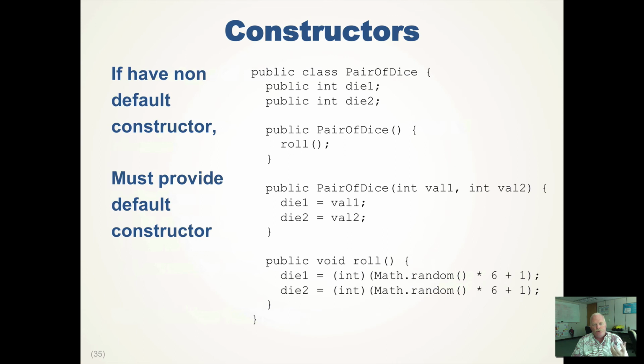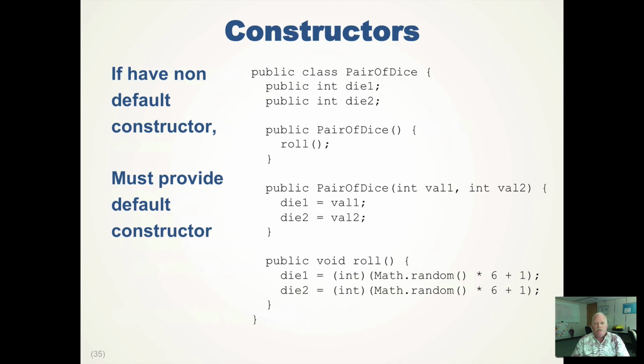Constructors, and I sort of told a fib a couple slides before, Java provides a default constructor as long as you don't provide a constructor that takes parameters. If you provide a constructor that takes parameters, you must provide the default constructor. So in this example, since we added the public PairOfDice that takes two values, then we must create the default constructor that takes no values.